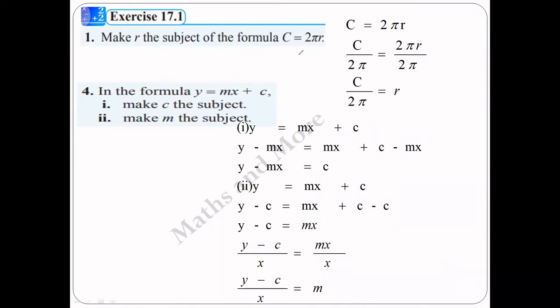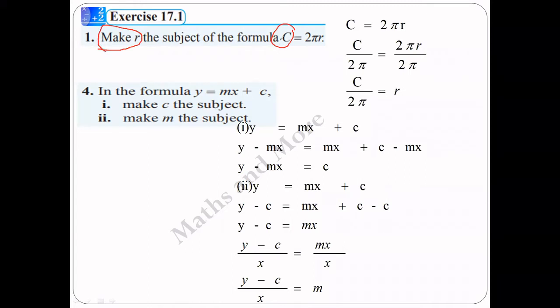You will learn this in the next lessons. That lesson is in the second term. C equals 2 phi R. At this moment, C is the subject. But what do you have to do? You have to make R the subject.